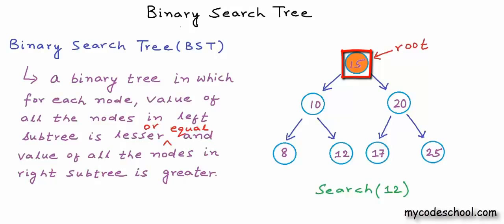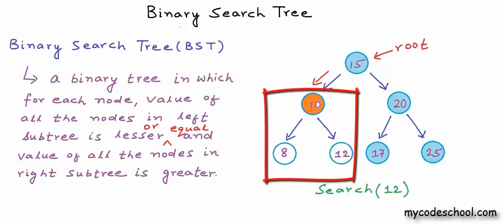If it's lesser, we know that we need to go to the left subtree, because in a binary search tree all the elements in the left subtree are lesser and all the elements in the right subtree are greater. Now we'll go and look at the left child of the node with value 15. We know that the number 12 that we are looking for can exist in this subtree only, and anything apart from this subtree is discarded.